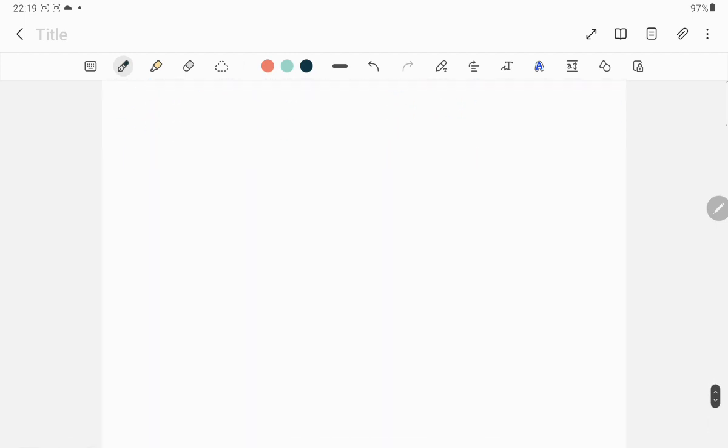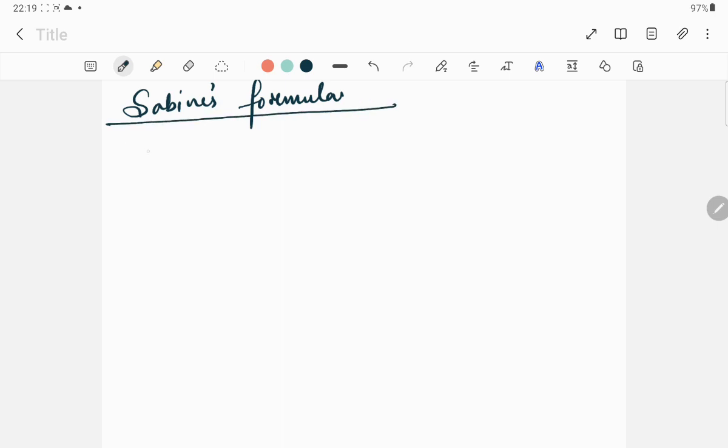Now let us go to the derivation of Sabine's formula. For deriving Sabine's formula, we will have to make some considerations.